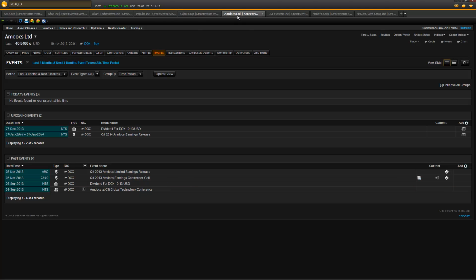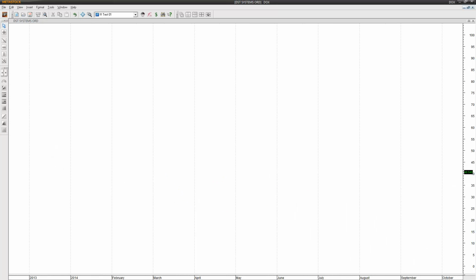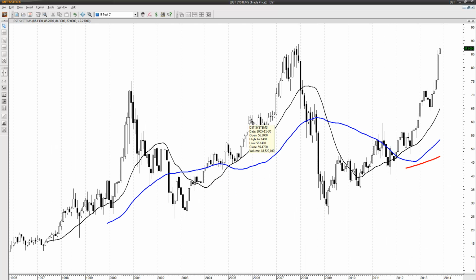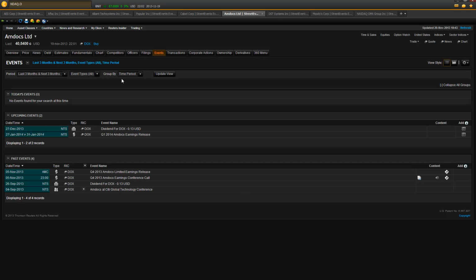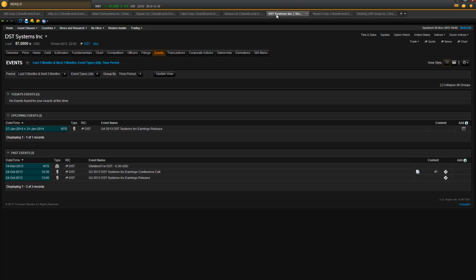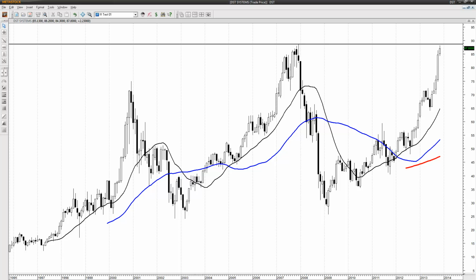Check for earnings. No earnings for Amdocs. Take a look at the next chart, DST Systems. This is the high peak that I'm looking at for a short sell limit order. The print is 88.72. That's what I use for my short sell limit order. DST Systems, no earnings coming up.